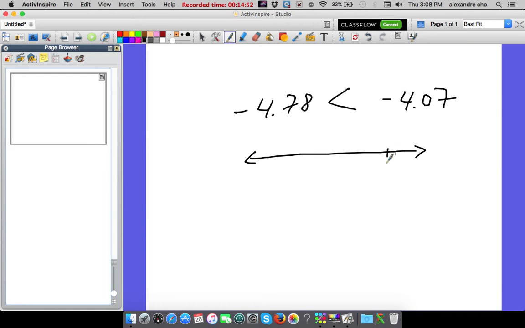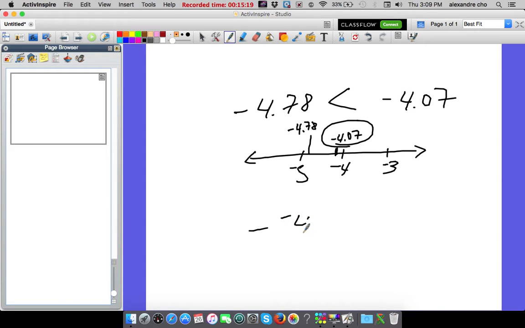Let's make negative 3, negative 4, negative 5. 0 is somewhere over here. As you're walking, 0, negative 1, negative 2, negative 3, negative 4, then negative 4.07. A little bit more, you get negative 4.78. Who's the bigger number? This guy, because it's on the right. So definitely negative 4.78 is less than negative 4.07. So use your number line when you need it.